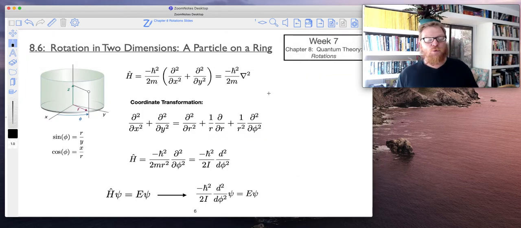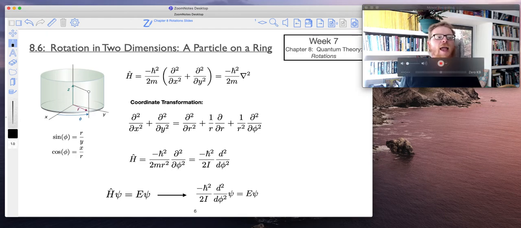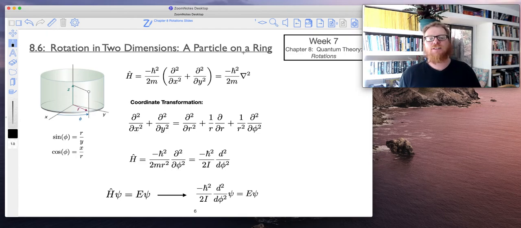There's a couple things we've got to do. We're going to have to do a coordinate transformation, because to describe this rotation, spherical coordinates are going to be the most straightforward. And for now, because this is a particle on a ring, our particle is only moving in the xy plane.